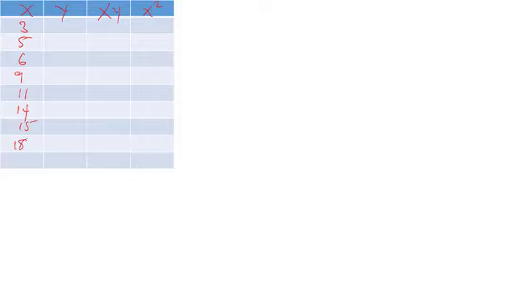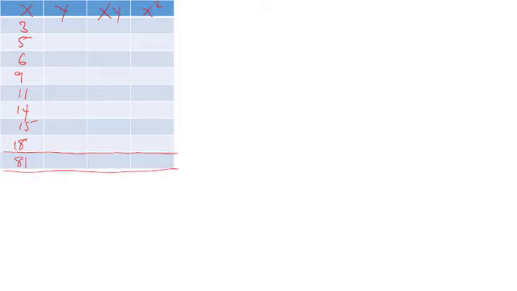Let's not fill values here; let's use it as our total row, where we'll add everything. Here will serve as the unit of summation. So let's add 3 plus 5 plus 6 plus 9, 11, 14, 15, 18. That is 81. So the sum of x is equal to 81.